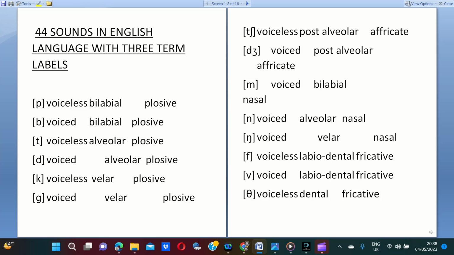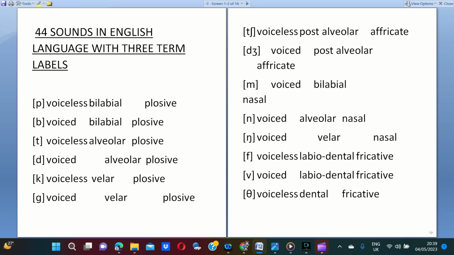What is a bilabial sound? It is produced with the help of 2 lips, upper lip and lower lip. So we call this sound a bilabial sound. What is plosive? Plosive is the sound which is produced with a lot of expulsion. How does expulsion come out? Expulsion comes out by air which is stored in our oral cavity for some time.